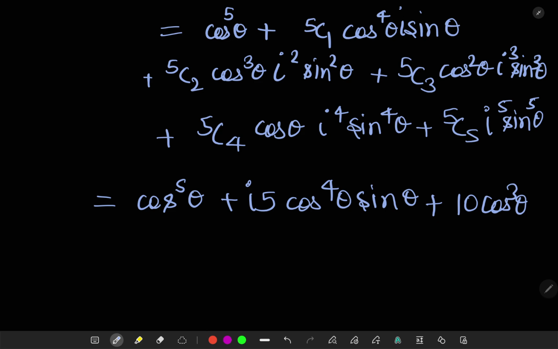Here this is iota square, so we can write minus sin square theta.